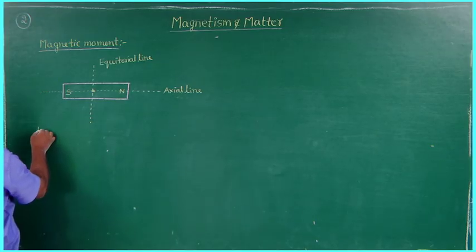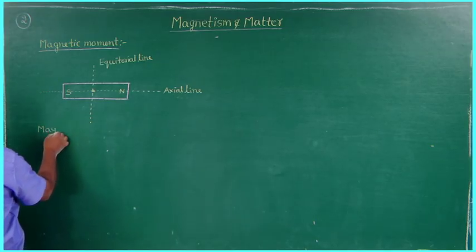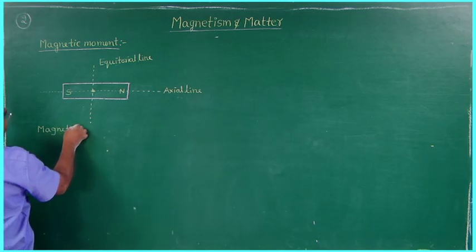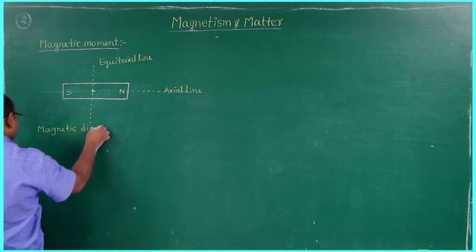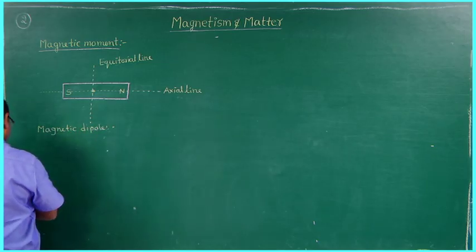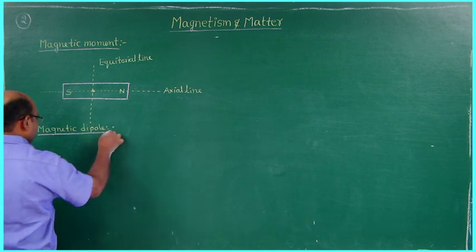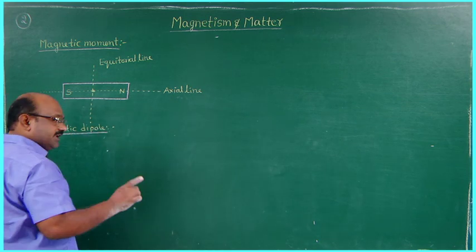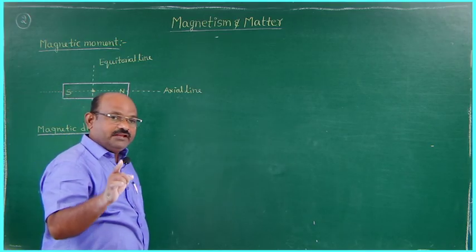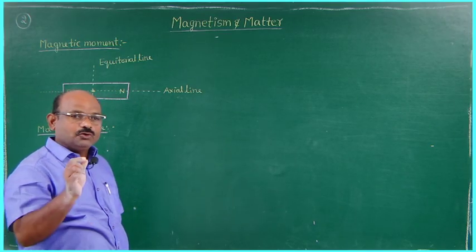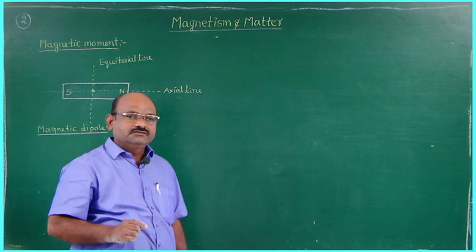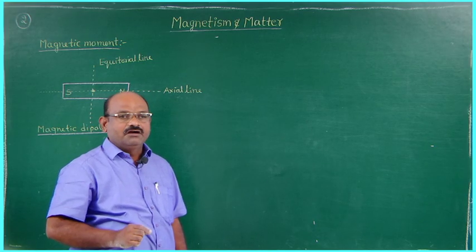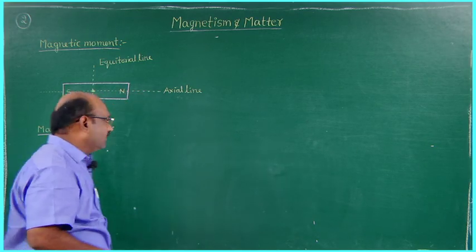And after that, what is the magnetic dipole? These are the basic definitions which help you a lot to understand the questions from JEE Main and JEE Advanced. Actually, di means two, poles means magnetic poles, where the two magnetic poles exist, obviously in a bar magnet or in the case of a magnetic needle.